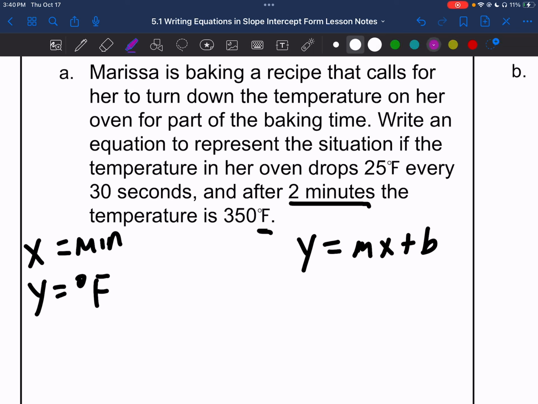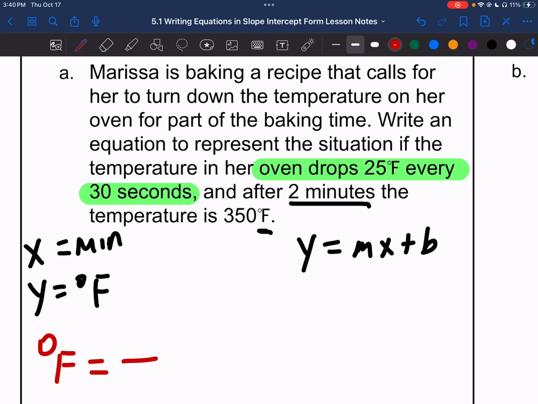So my slope, we're told that the temperature in the oven is going to drop 25 degrees every 30 seconds. Now you'll notice that's a different unit of measurement than my x variable. And if we're working with units and we're thinking about this in terms of the units, we have our y variable, degrees Fahrenheit, is equal to some kind of a rate times minutes plus degrees Fahrenheit.